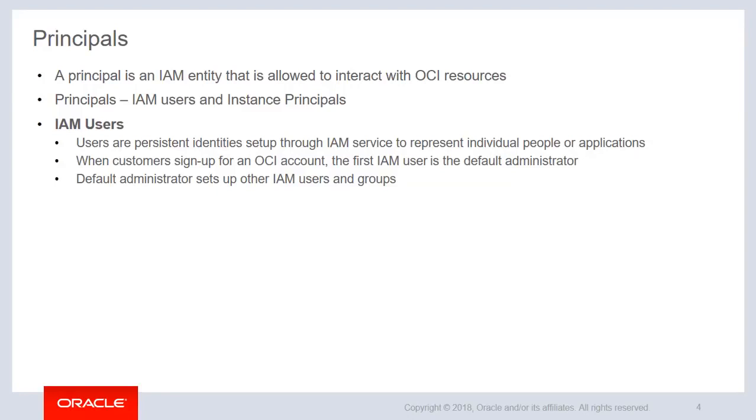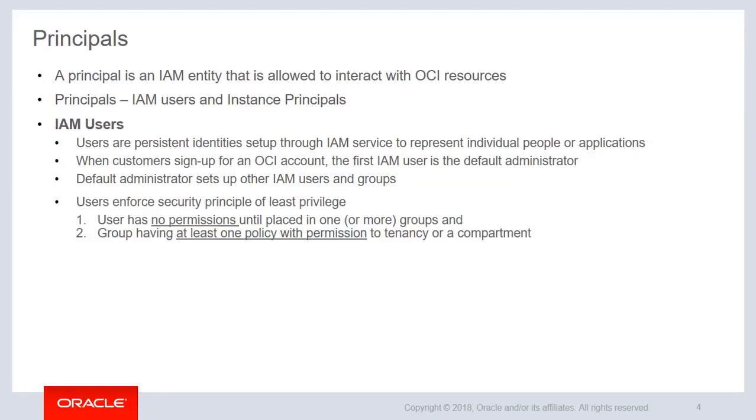IAM users are persistent identities set up through the IAM service to represent individual people or applications. When customers sign up for an OCI account, the first IAM user is the default administrator. This default administrator sets up other users and groups within the tenancy. Users enforce the security principle of least privilege.